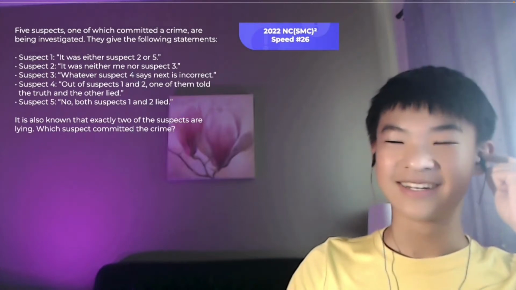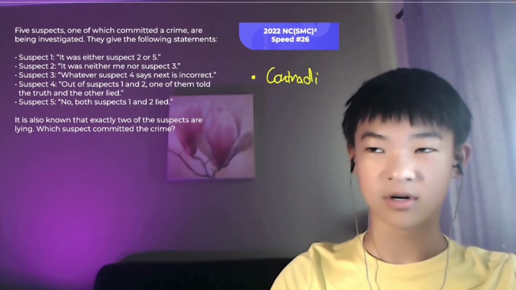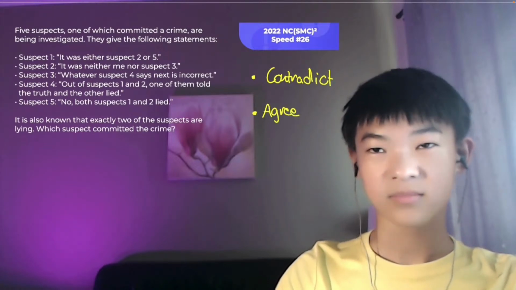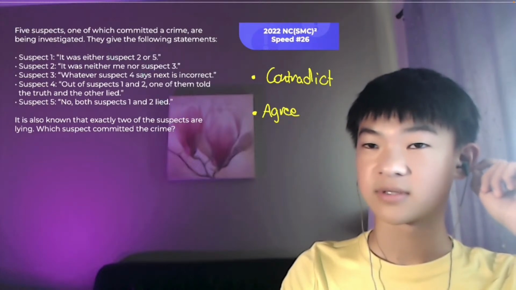for logic problems, if you read a textbook, what they would tell you is to look for contradicting statements or agreeing statements. So let's take a look. It was either 2 or 5.